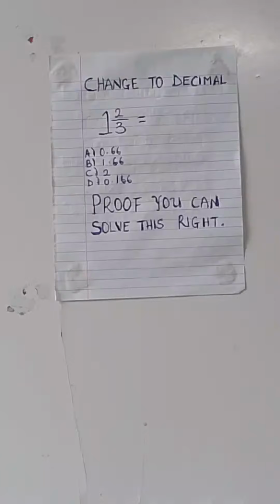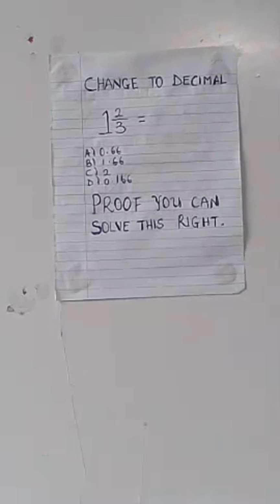Make an attempt and drop your answers. Change to decimal: one whole number, 2 all over 3 is equal to dash.